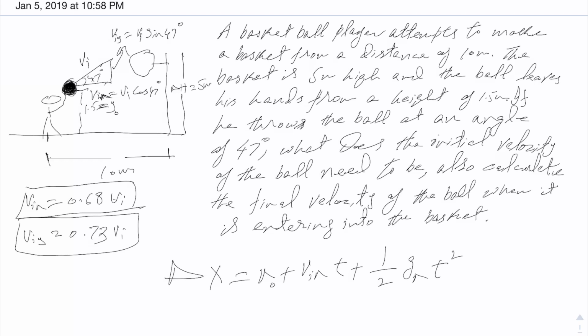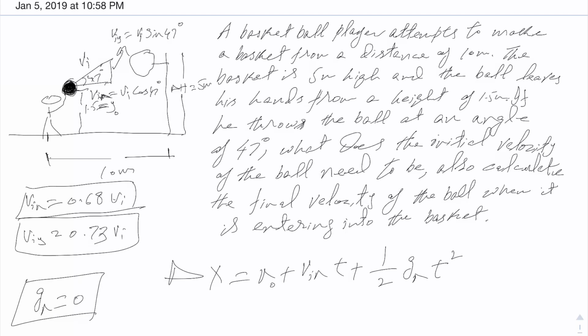As we know, the x component of the initial velocity we have already. The time we need to calculate. But what should be the value of gx? In the x direction, the velocity is constant.